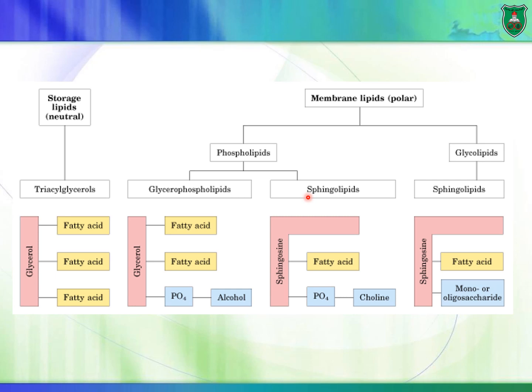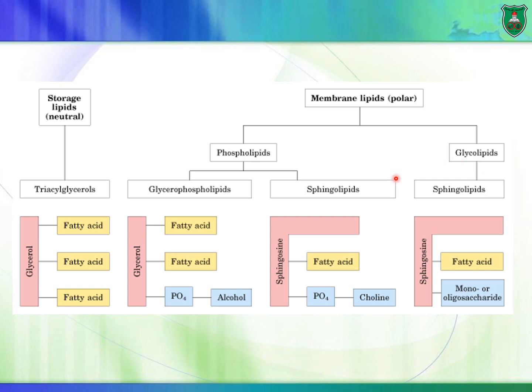Now, for sphingolipids, there's only one type, and it's called sphingomyelin. Now, glycerophospholipids have different types depending on the group that is attached to the phosphate group that is part of the backbone known as glycerol. Now, sphingolipids can be of another type, by the way, which is glycolipids.